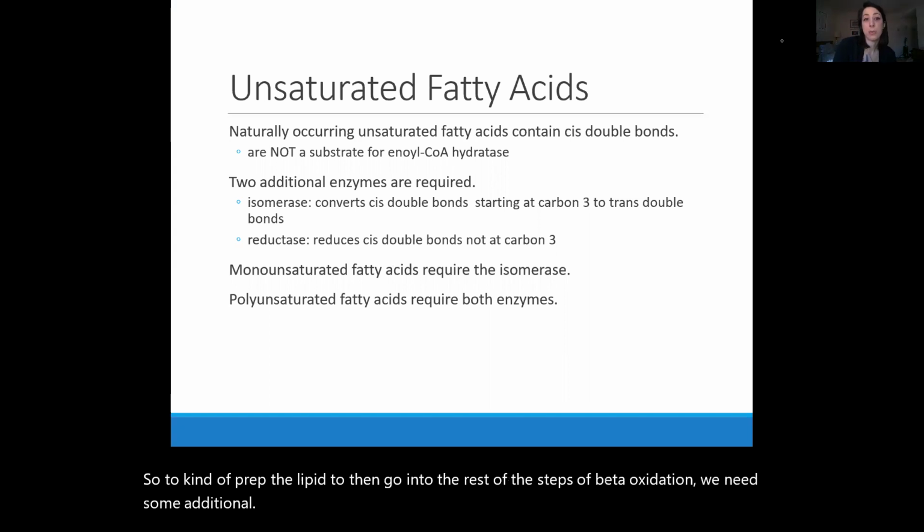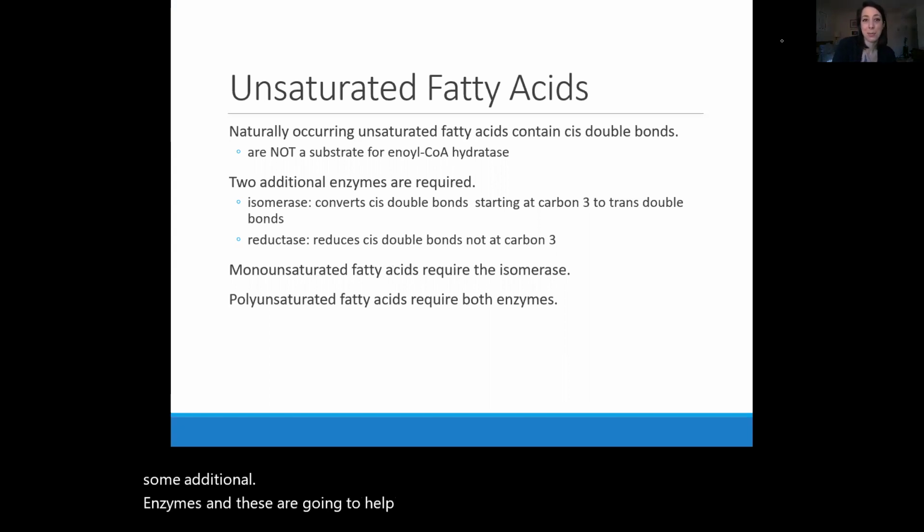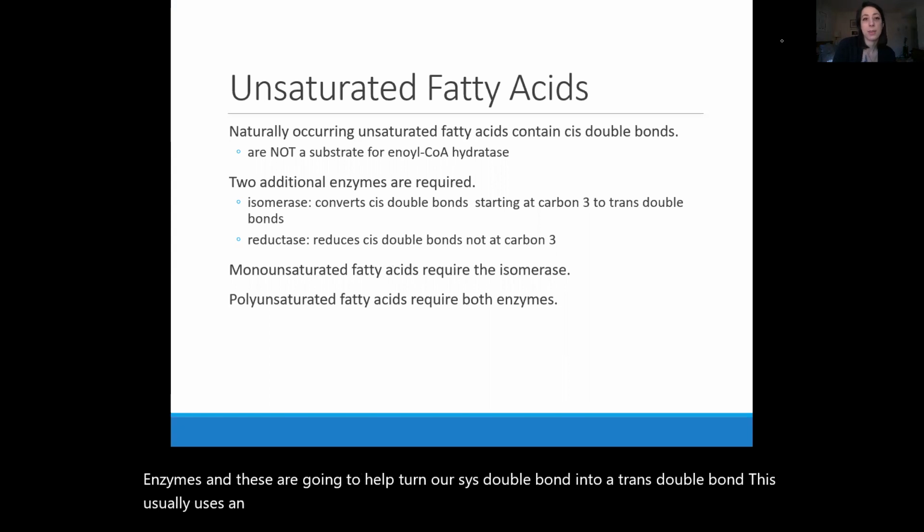And these are going to help turn our cis double bond into a trans double bond. This uses an isomerase that takes it from the cis to the trans, and a reductase, which reduces the cis double bond to the correct position.